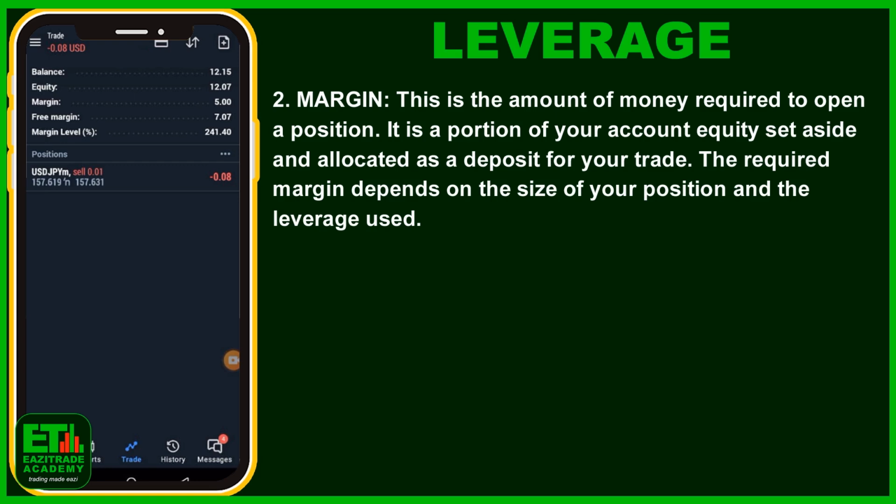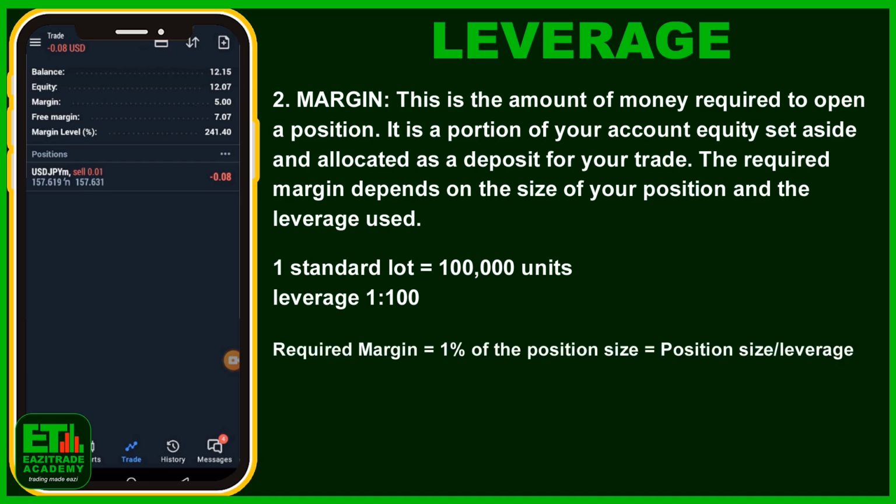If you want to trade one standard lot, which is 100,000 units, of EUR/USD, and the leverage is 1:100. Now note, leverage for brokers differs, it varies, and once we go into leverage, you will get to understand how it's used and the risk involved.